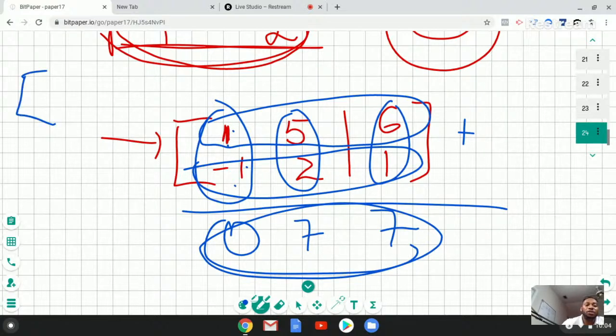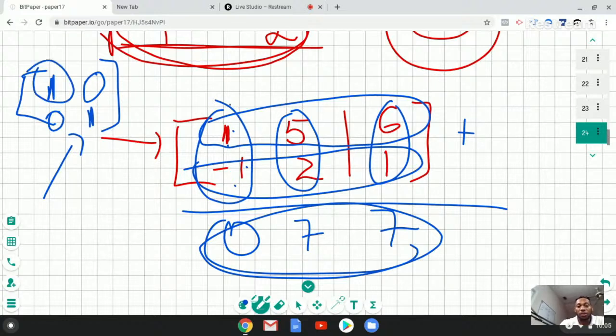We're shooting for a matrix that has 1 as leading coefficient in the first row, and a 1 here. So now we're shooting for a matrix that looks like this. The first thing that we're gonna do is, this one needs to be 1, and I need a 0 here.